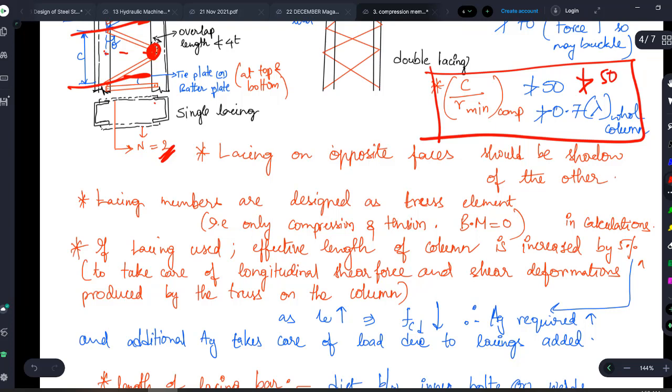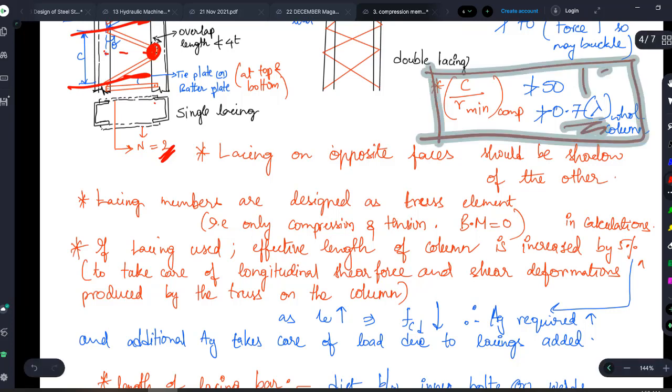The slenderness ratio in between these lacings or battens should not be greater than 50, as well as it should not be greater than 0.7 lambda of a whole column. Okay, in tag bolts it was should not be greater than 40 and 0.6 lambda, whereas in lacings and battens both it is should not be greater than 50 and should not be greater than 0.7 lambda. I hope you will remember this. काफ़ी सिंपल कॉन्सेप्ट है, no need to worry, right?